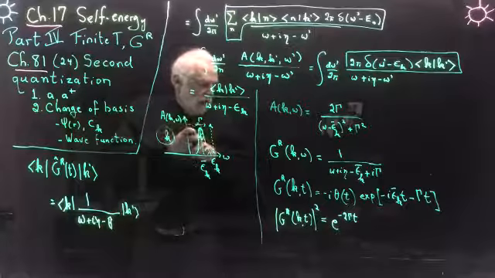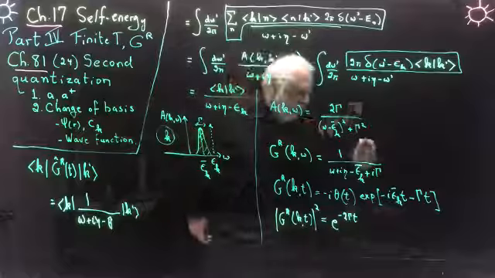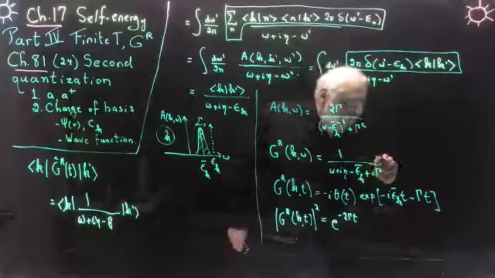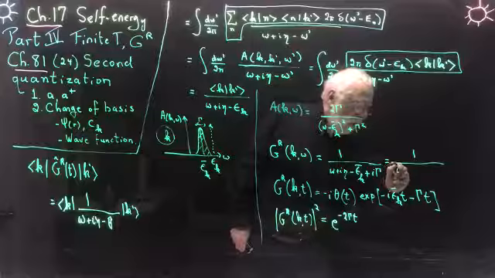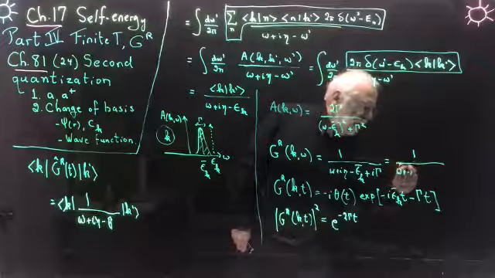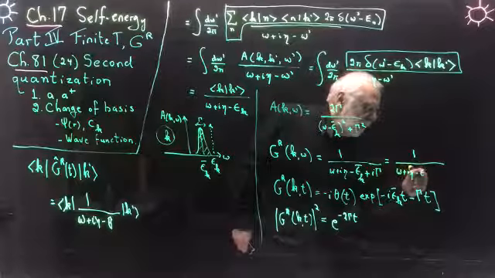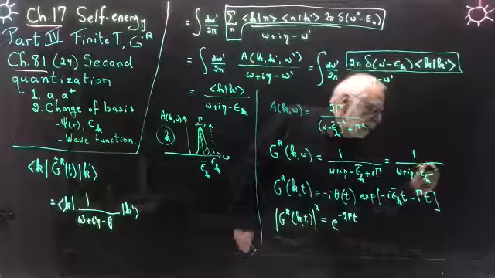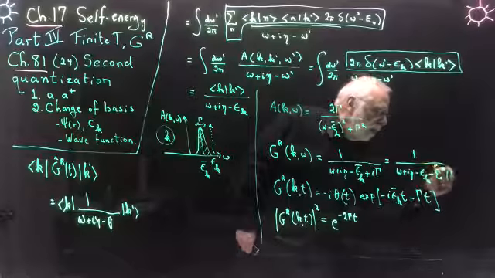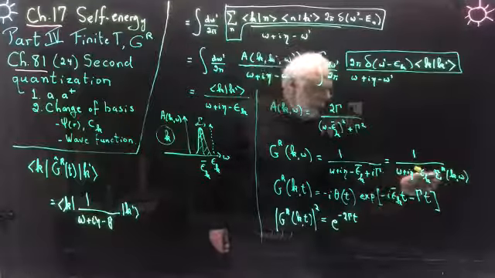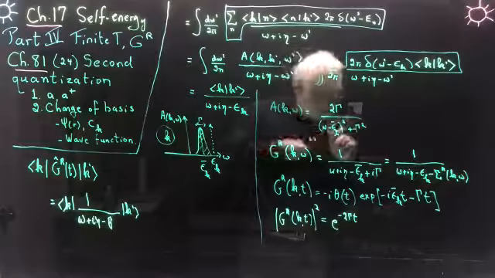Now, in the general case, we write this as 1 over omega plus I eta minus epsilon k minus sigma retarded of k and omega, and this sigma is the self-energy.